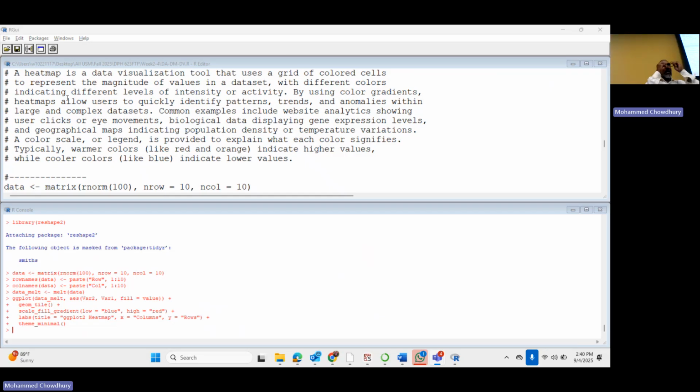So the data that I have is not enough to create a beautiful heat map, but this is the text of explanations of how a heat map consists of colors. If there is a red color, that means high intensity of those events, of those occurrences, and if the color is blue, that means less intensity.